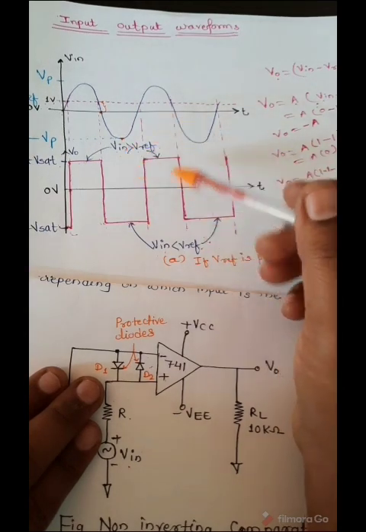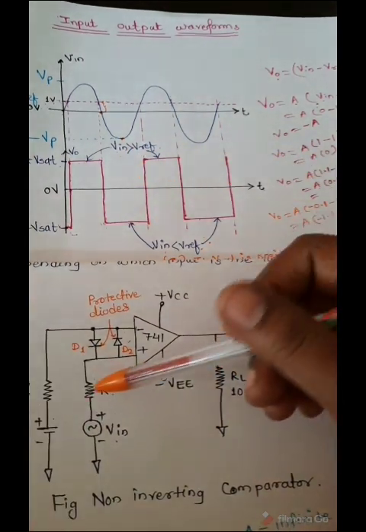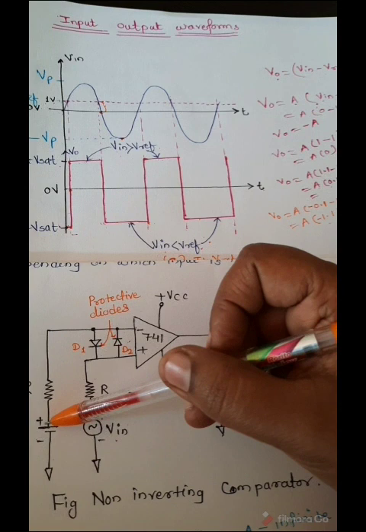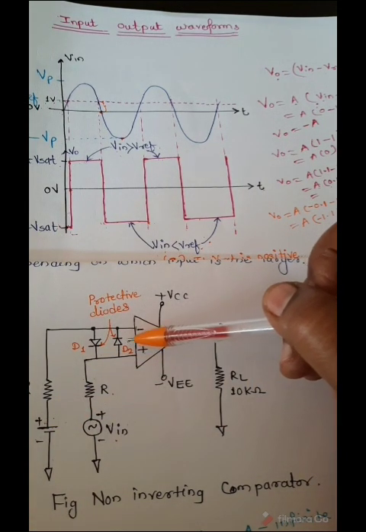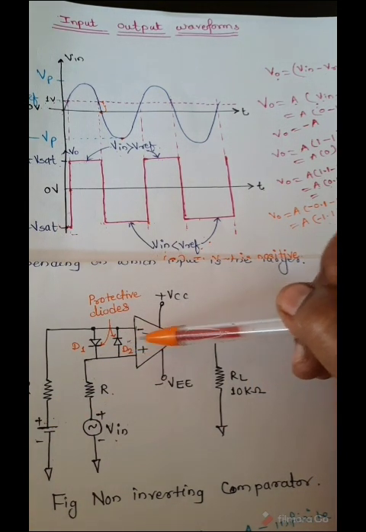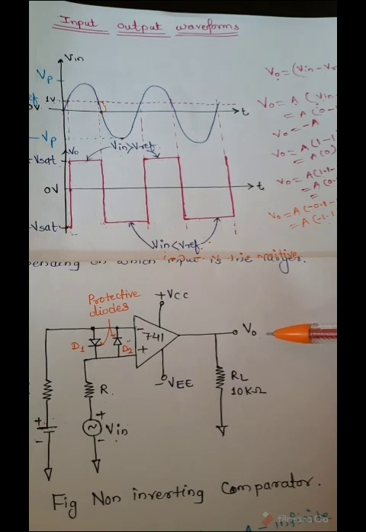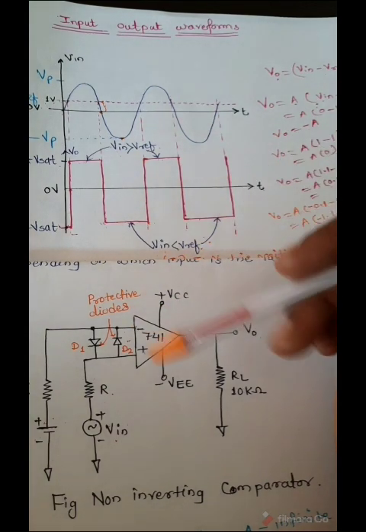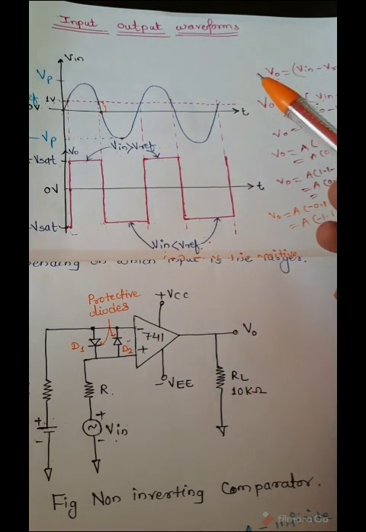So simply this circuit will compare the input signals V in and V reference, finding out first the polarity of the differential input voltage, and we got the output, which is nothing but the saturation voltage. So output will continue to switch from plus saturation to minus saturation and minus saturation to plus saturation.